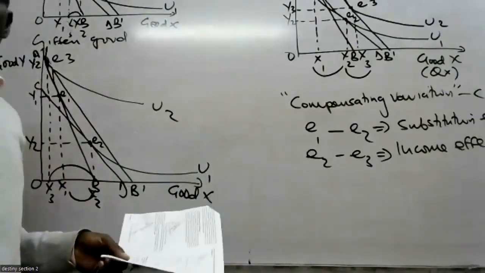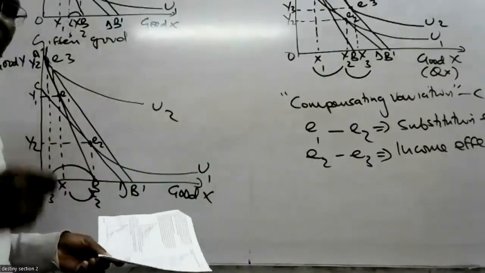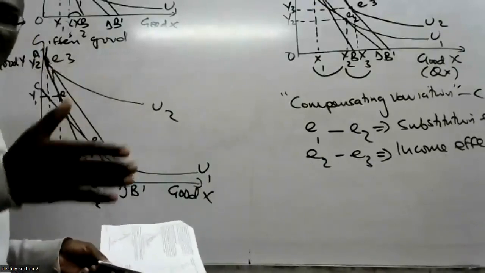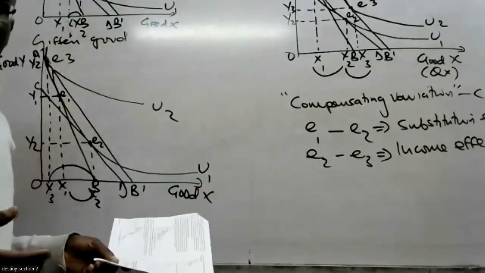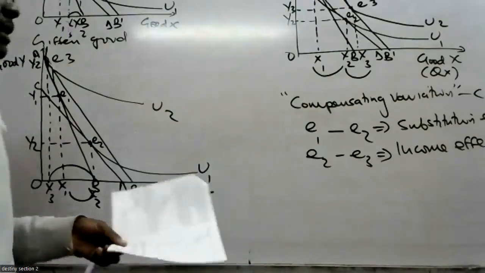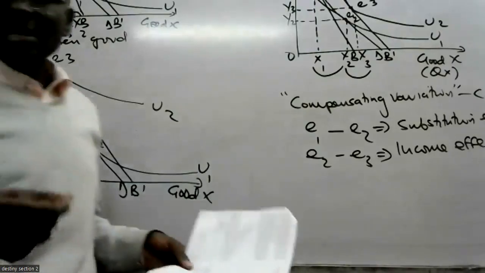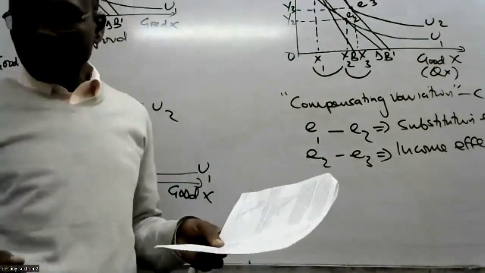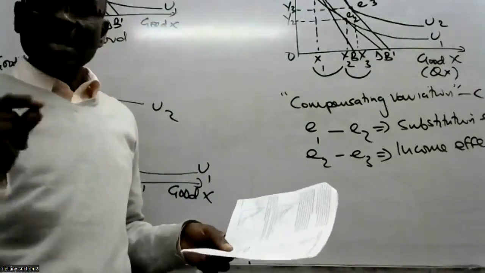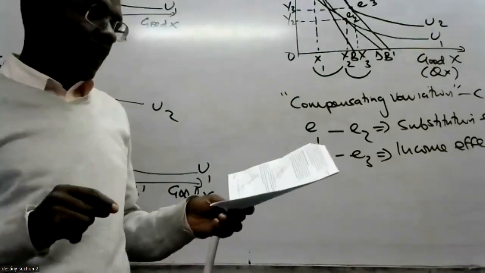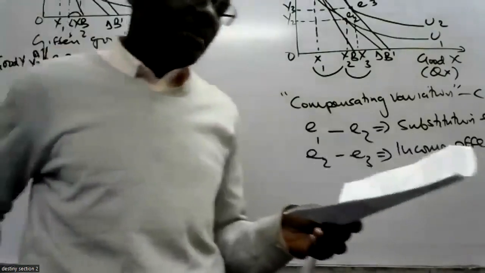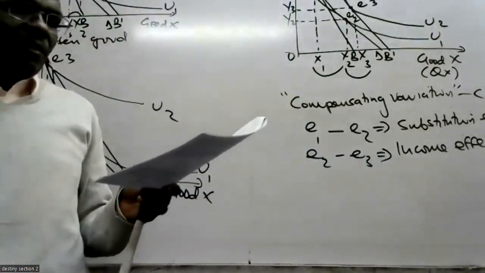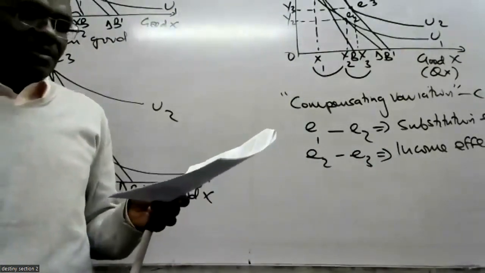So if the demand for commodity X is increasing as the income of the consumer is also increasing, then that's a normal good. But for an inferior good, as your income is increasing, at some point, the demand will fall off. So that kind of curve is called an Engel curve. So indifference curve analysis can be used in deriving the Engel curve with the income consumption curve.